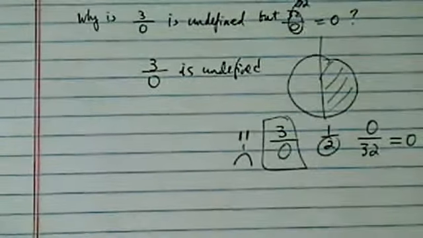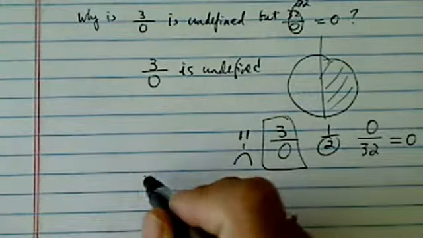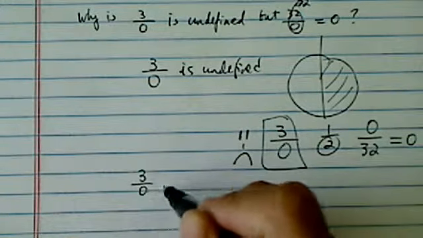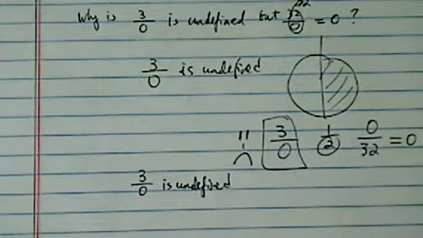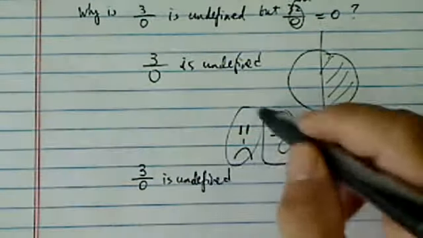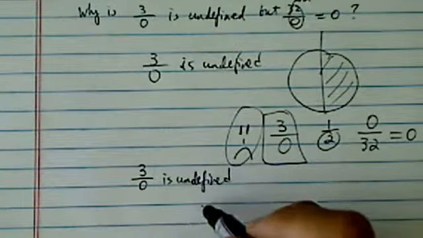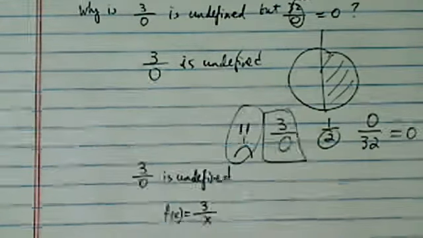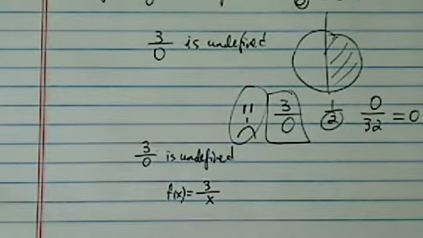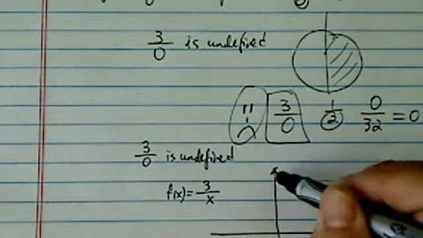Now, more advanced calculus-wise, why 3 over 0 is undefined has a much more rigorous reason than what I drew over here. So if you have a function that's 3 over x, and you haven't taken any calculus or limits, this may or may not make sense to you, but bear with me for a little while.